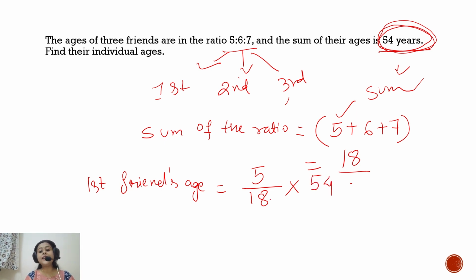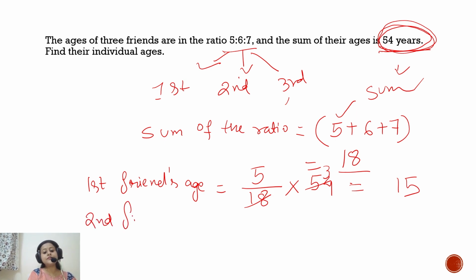So 5 by 18 into 54 will give you the first friend's age. Again, 54 is completely divisible by 18. So if you divide 54 by 18, you will get 3. So 5 into 3 will give you 15.